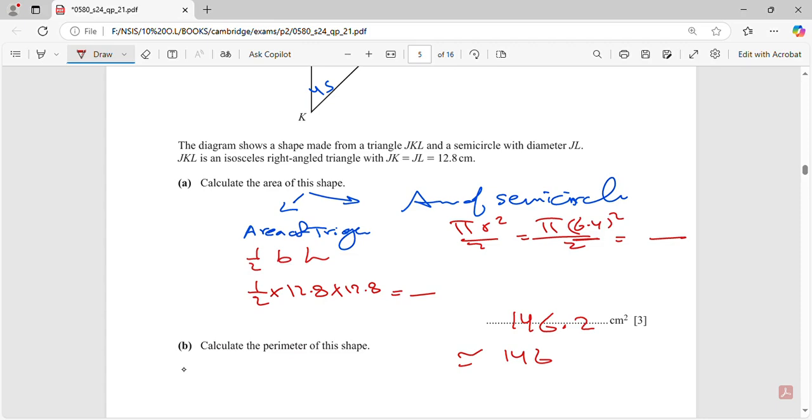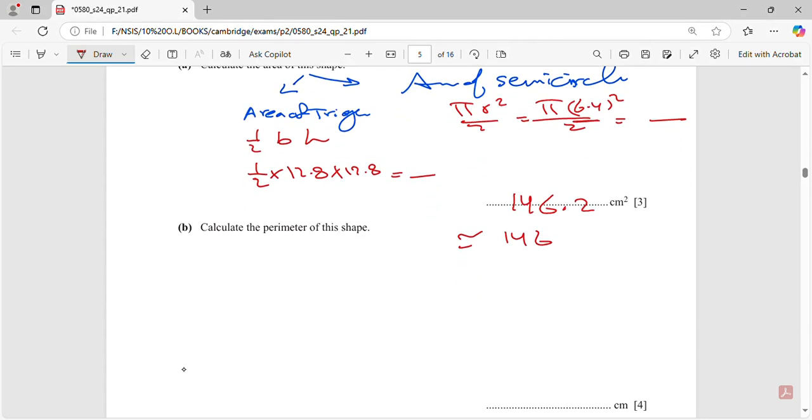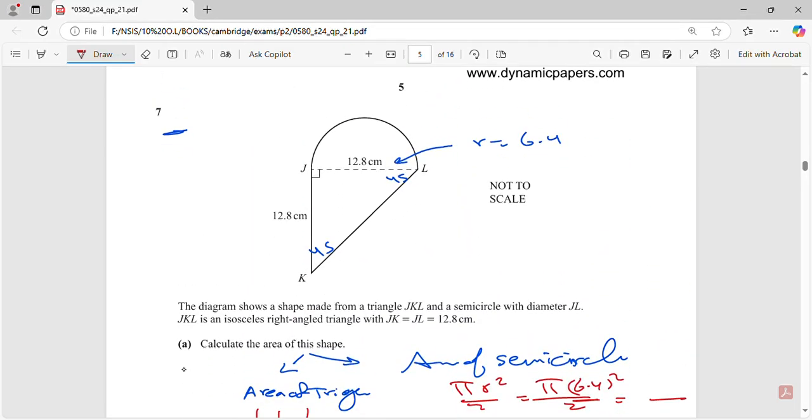Okay. Now he asked me to calculate the perimeter. How can I calculate the perimeter here? Calculating the perimeter for any shape means the length of the outer side. I need this side, this side, and all these sides.